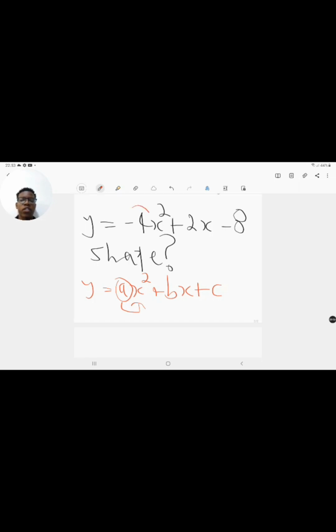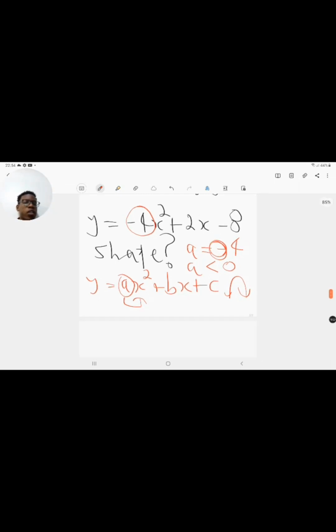The value attached to the x squared here is minus 4, so a is equal to minus 4. So a is less than 0, a is negative, meaning that the shape of our graph will look like that. I'm not drawing it on our Cartesian plane, but it will be concave downwards.